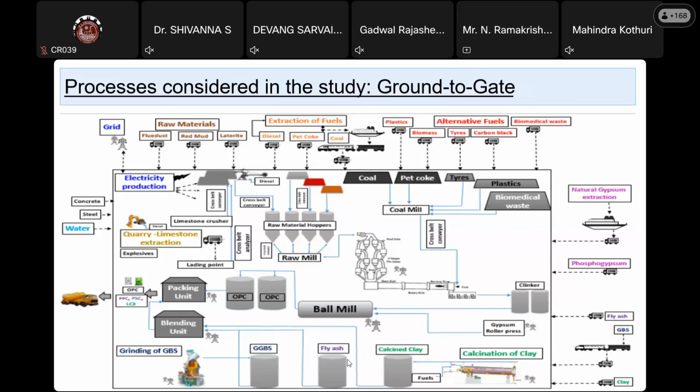This LC3 is the hot topic once again in IIT Madras. A lot of research is going on across the globe, in particular at Chennai, IIT Madras. So you can see here, phosphogypsum you're going to use instead of some proportion of the cement. You can use fly ash or GGBS and even clay also, which we are going to discuss.